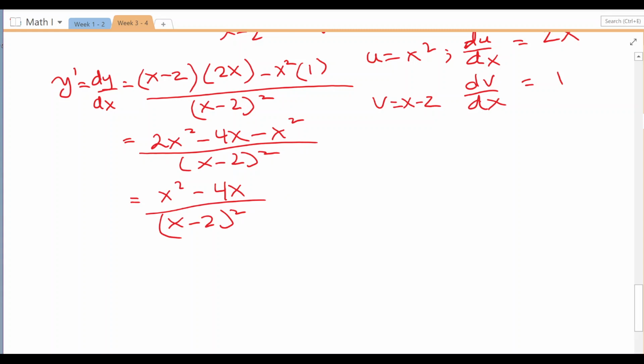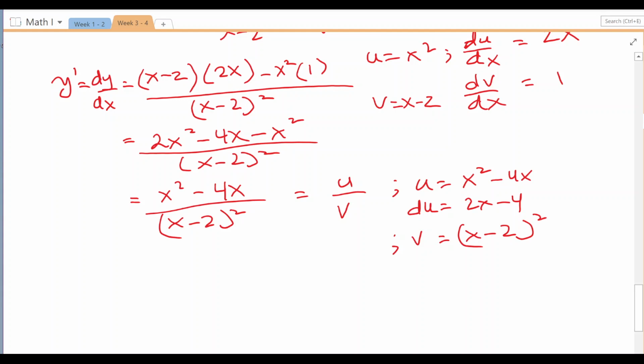Therefore our second derivative will again have to use the quotient rule. So this is our new u and this is our new v. Let me just write down u equals x squared minus 4x. Therefore du equals 2x minus 4, and v equals x minus 2 squared.